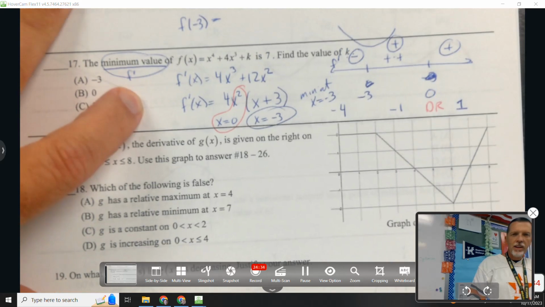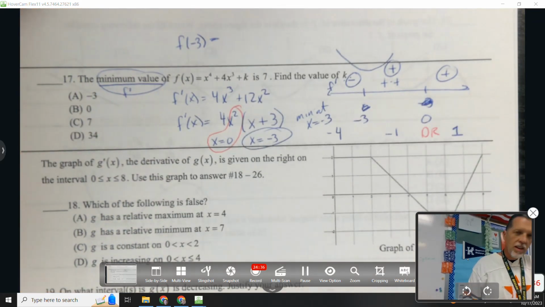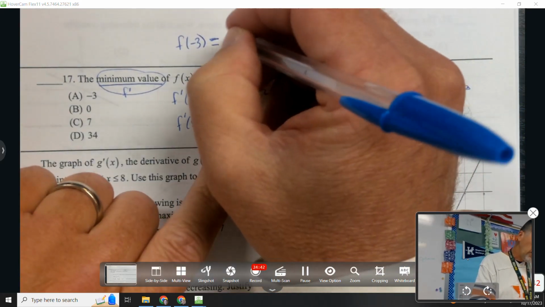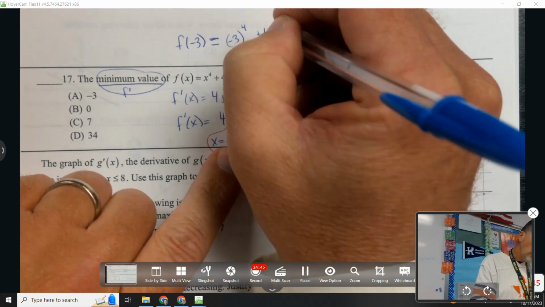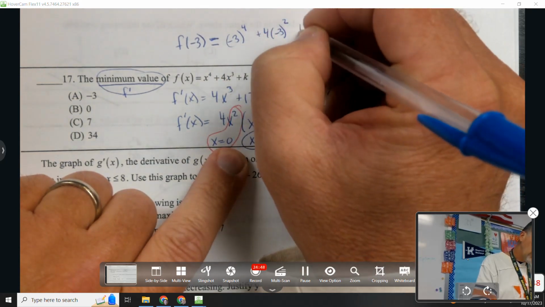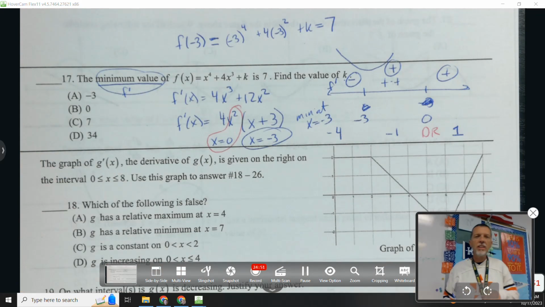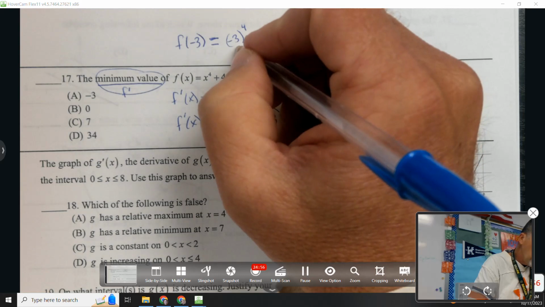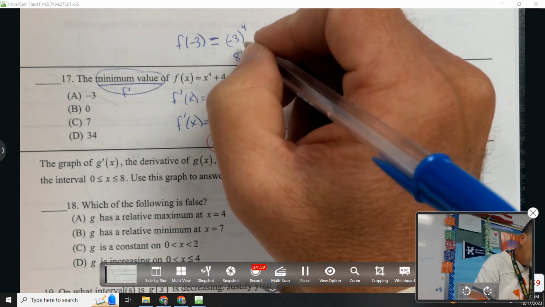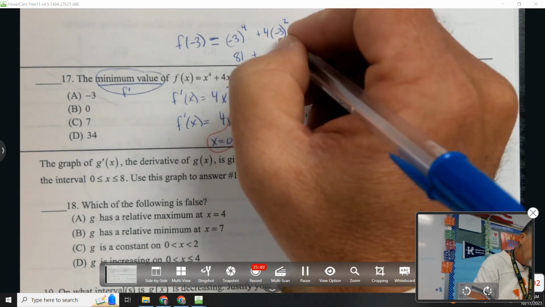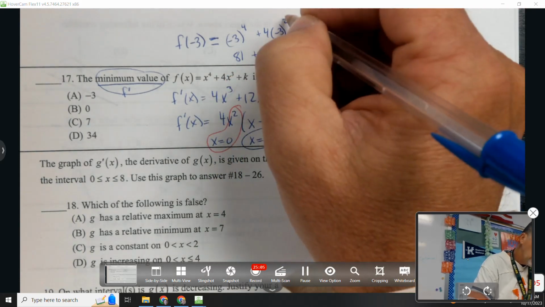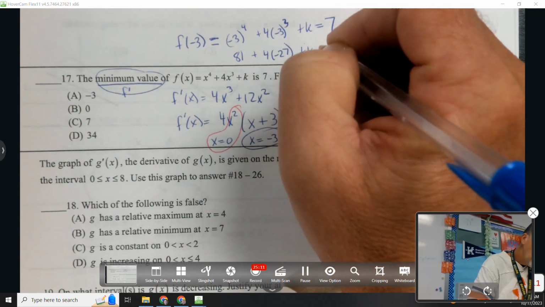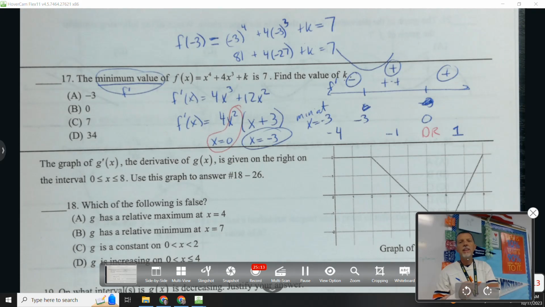F of -3. Kind of a painful one to plug in here. -3 to the 4th plus 4 times -3 cubed plus k is supposed to equal 7. -3 to the 4th, that's 81. 3 squared times 3 squared. Negative 3, oops, that's supposed to be cubed, would be negative 27. Negative 27 times 4.